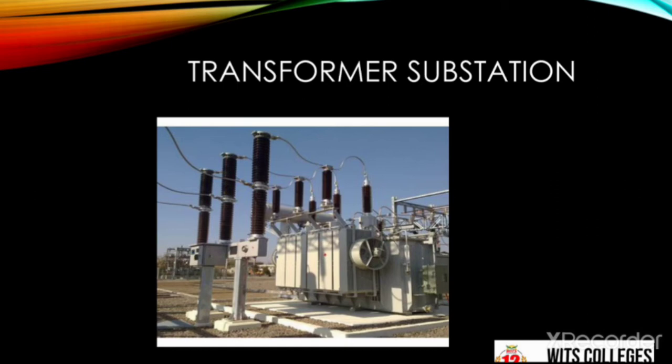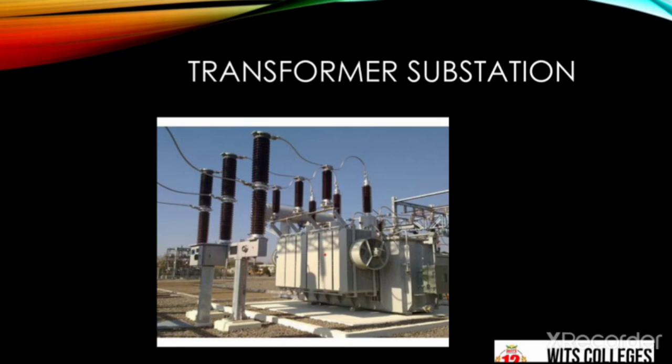An electric substation which can step up or step down the voltage of an AC power system, and also distribute the electric power, is known as a transformer substation. This transformer substation can be classified into different types: step up transformer substation, step down transformer substation, and distribution substation.